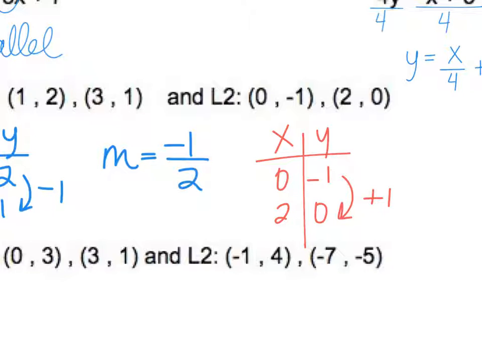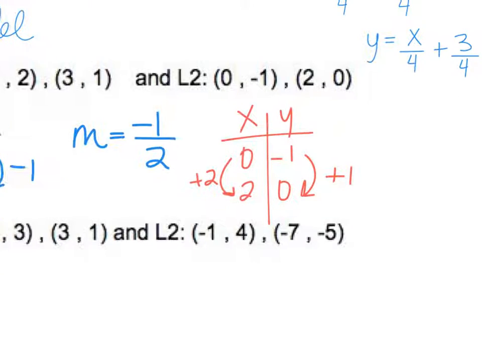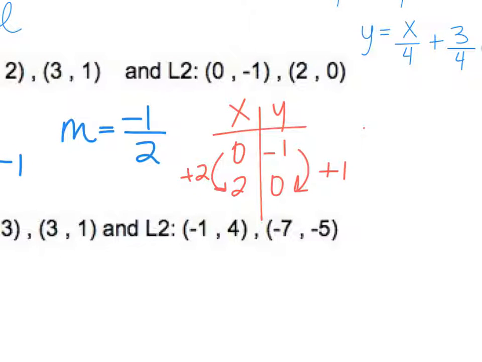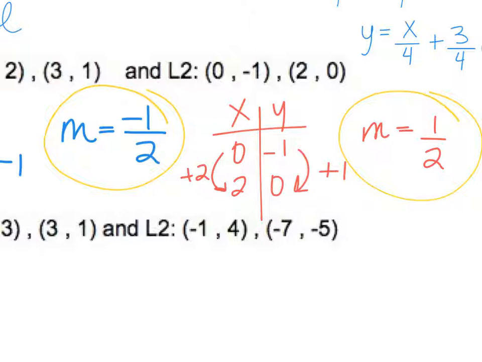Plus 1. Liz, what's my change in x? From 0 to 2, what's it do? Add 2. So now we put that in a fraction, change in y over change in x: 1 over 2. So look at your two slopes: negative 1/2 and positive 1/2. Are they parallel, perpendicular, or neither? Please discuss.